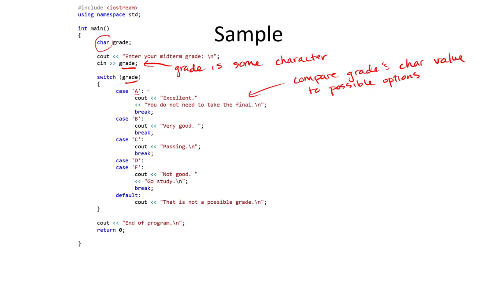So if we got an A on our midterm, then we get excellent. You don't need to take the final. And then the break causes us to exit the switch statement.